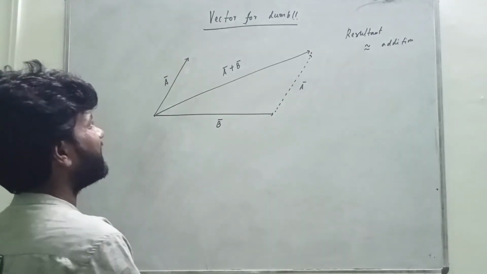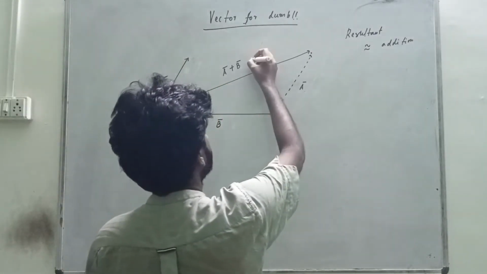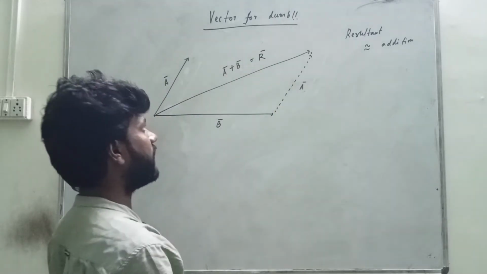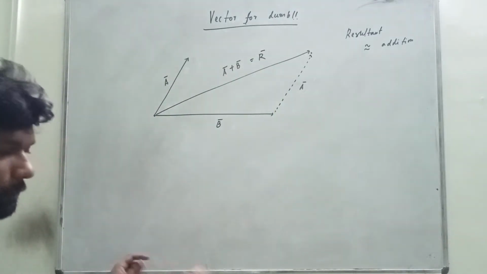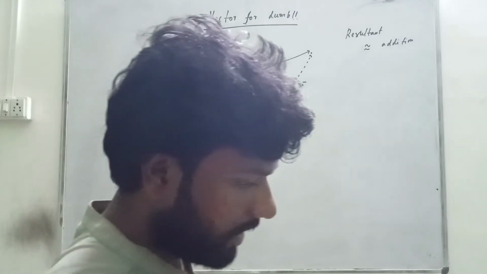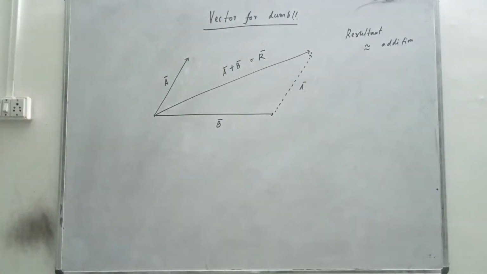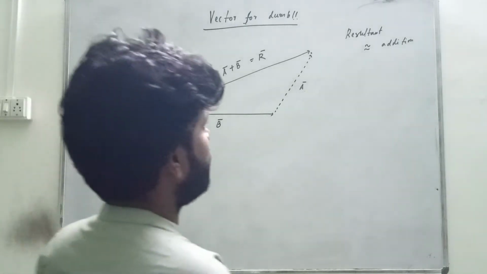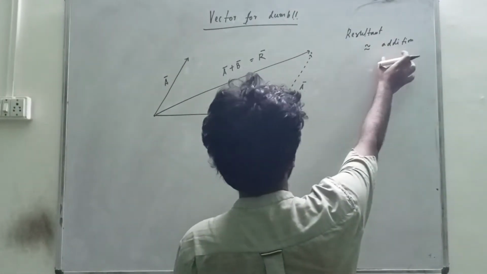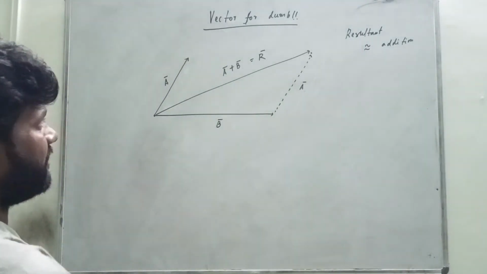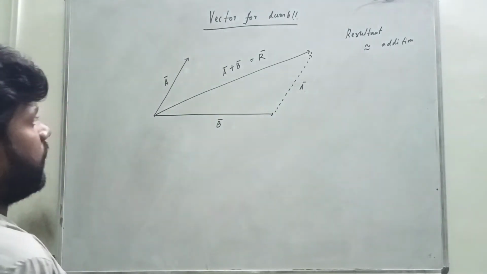Just name it R. a plus b equals a vector, because the addition of two vectors gives another vector. R means the resultant, the resultant in the addition of two vectors.